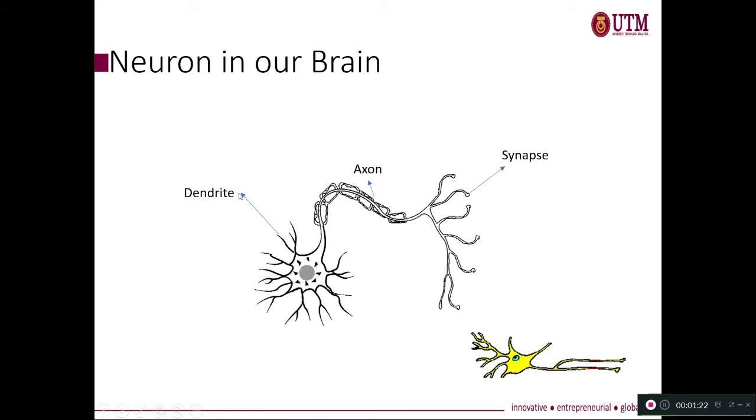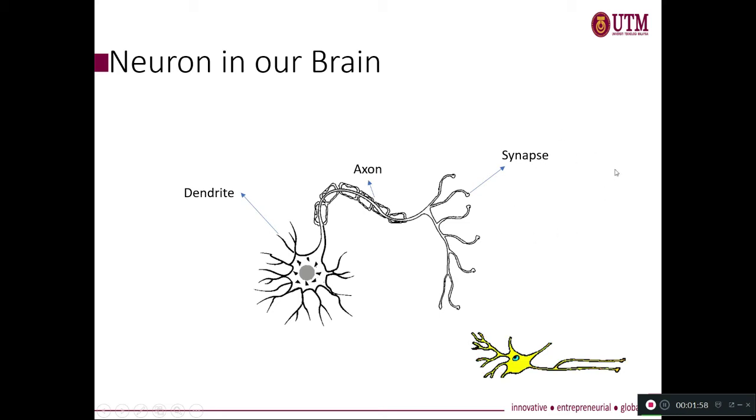Once that electrical signal goes, it will give us some firing, which is what we call activating the neuron, and then that activated neuron will fire the signal through the axon, and that signal will go to the synapse. The synapse will transfer that electrical signal to another adjacent neuron, where the one that accepts that signal is the dendrite of the adjacent neuron.